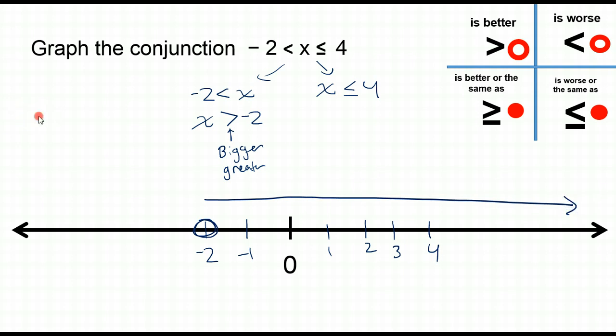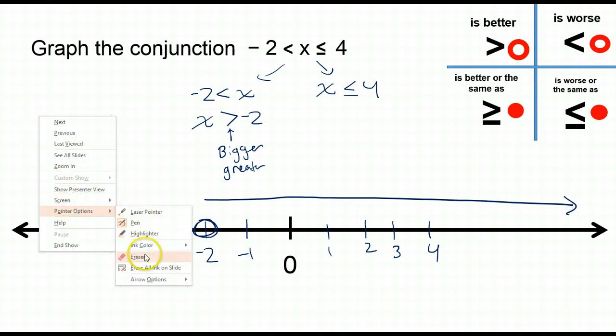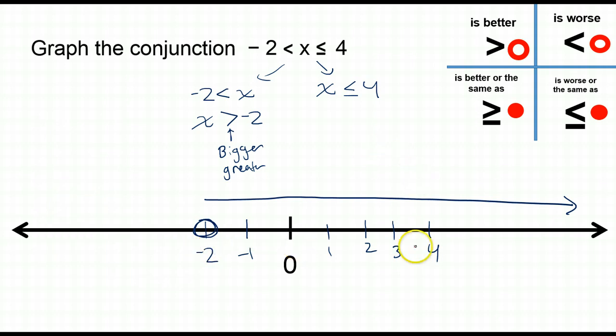Now let's do 4. I'm going to just change colors really quick. Hopefully I get faster at this as we continue. So here's 4. Open or closed circle? Closed circle, right? Okay, and all the numbers that are less than 4.